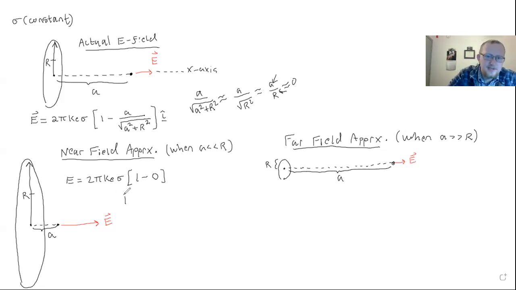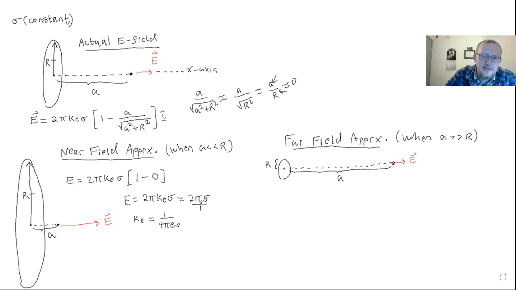And so what we're left with is the electric field strength is 2 pi Coulomb's constant times the area charge density. And then there's another way we can write this that's probably more common. Recall that Ke, Coulomb's constant, is equivalent to 1 over 4 pi times the permittivity of free space. So we'll go ahead and make this substitution. And that's going to end up canceling out the pi's and stuff.